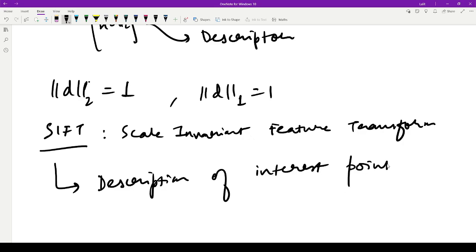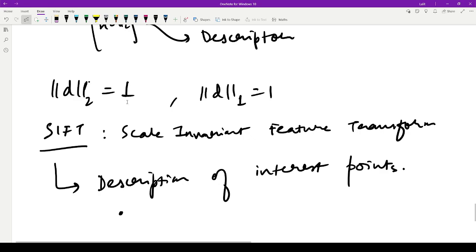Here we are not getting a description of the full image or the full object as such, but the main idea is to get a descriptor of interest points. Of course, using all those interest points, you can get a descriptor of an object to which it was applied initially. But the point is, you want to define a descriptor of a single pixel instead of the full image directly, or rather the full object directly.